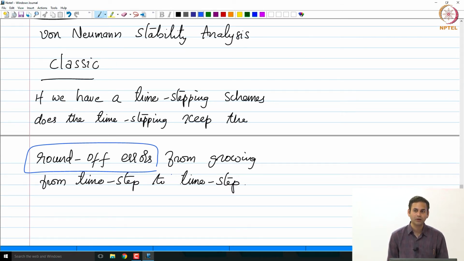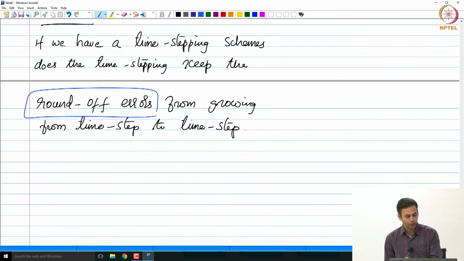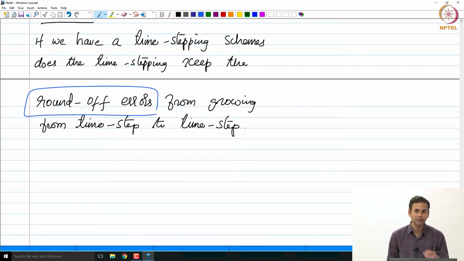So, the entire analysis is based on the existence of round off errors in the computer. The error we encounter at any time step is what we would call the round off error in the stability analysis. Again, the stability analysis can be performed for each of the three schemes that we have looked at, which is the explicit, implicit and the Crank-Nicolson.